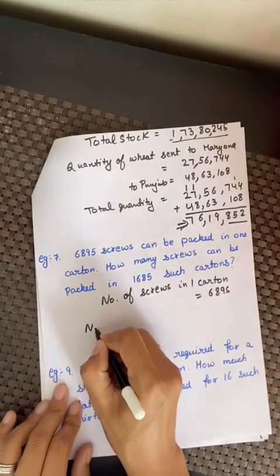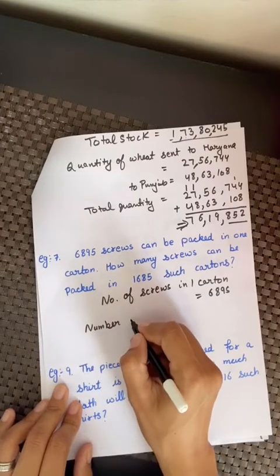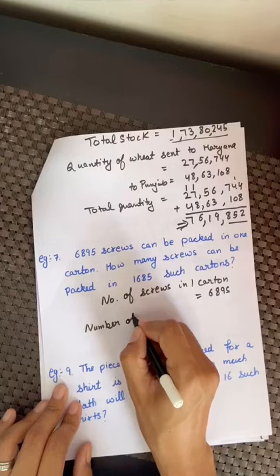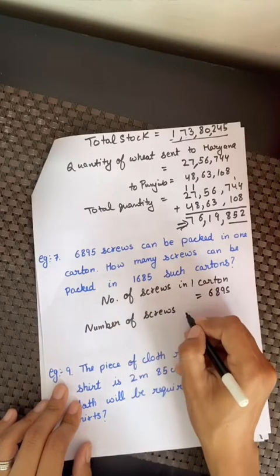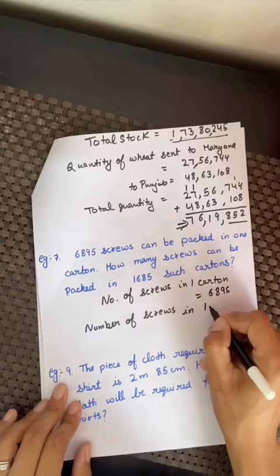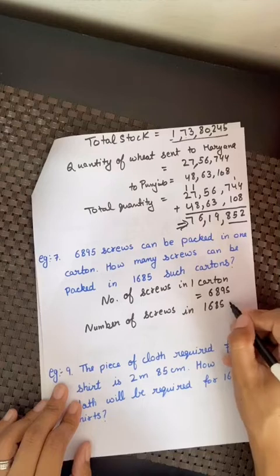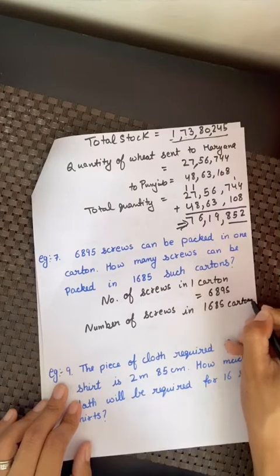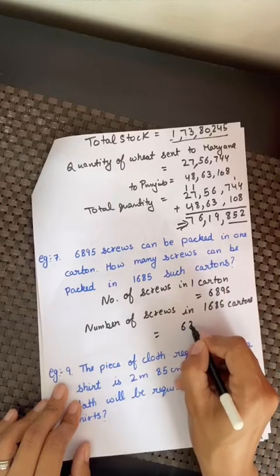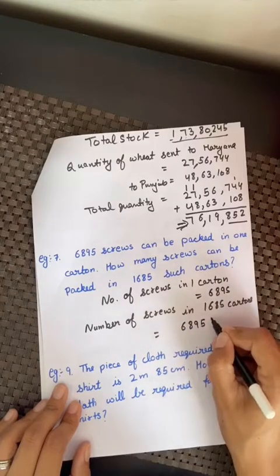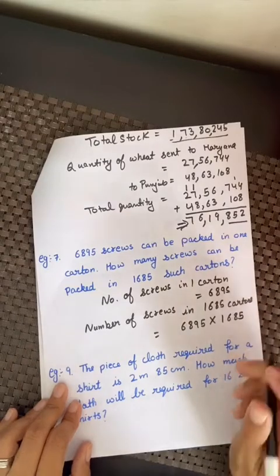So number of screws in 1,685 cartons will be, we will multiply 6,895 into 1,685.